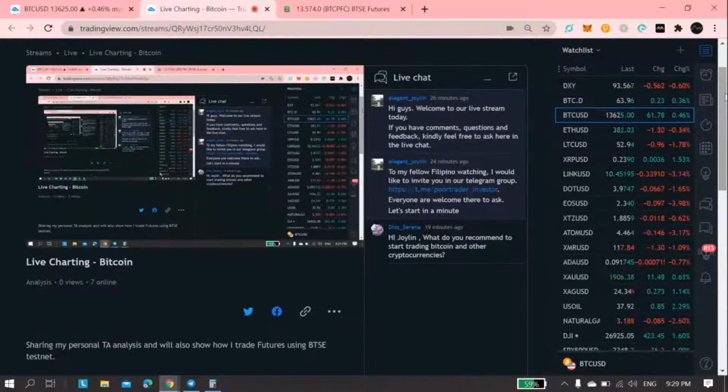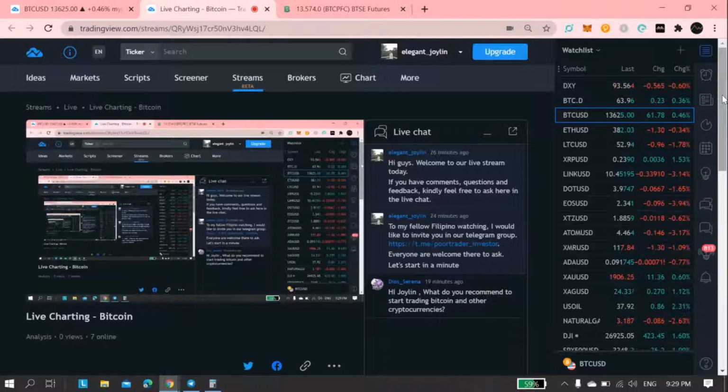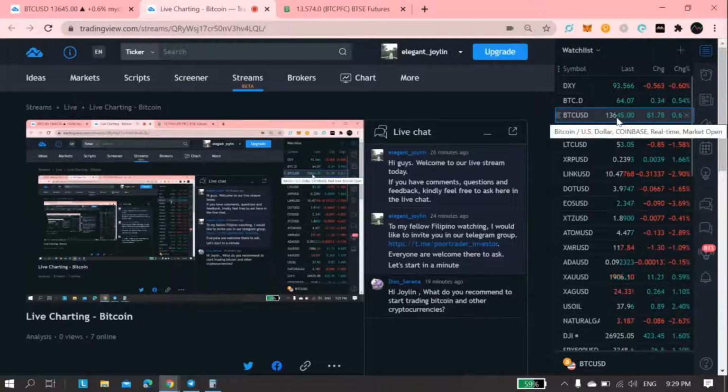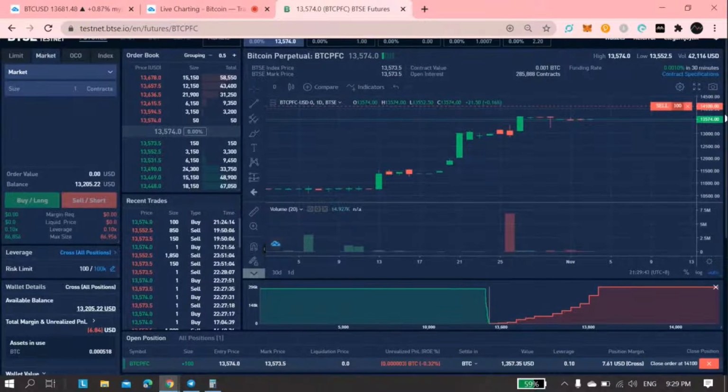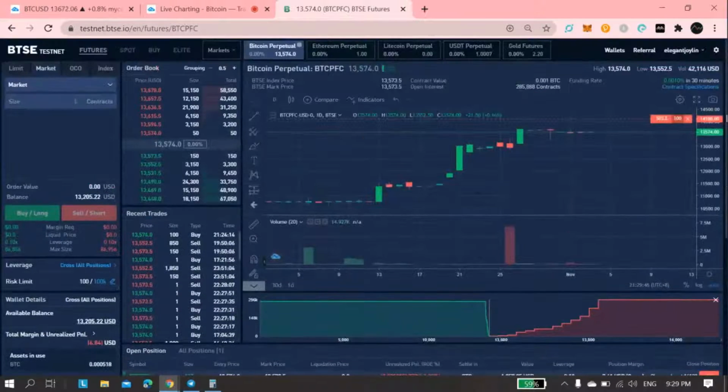So now let's check on this one. Okay, my actual position is around 13,604.5, and now currently trading at 13,670. This is just a testnet and it's the price.